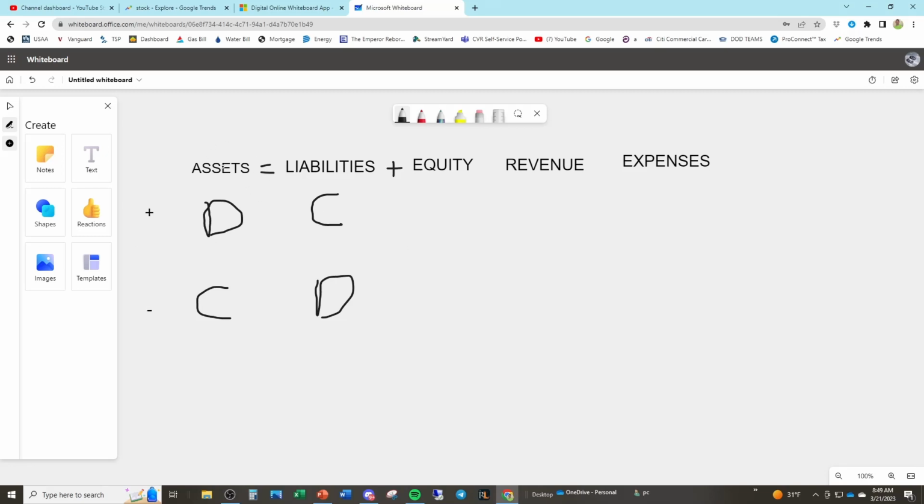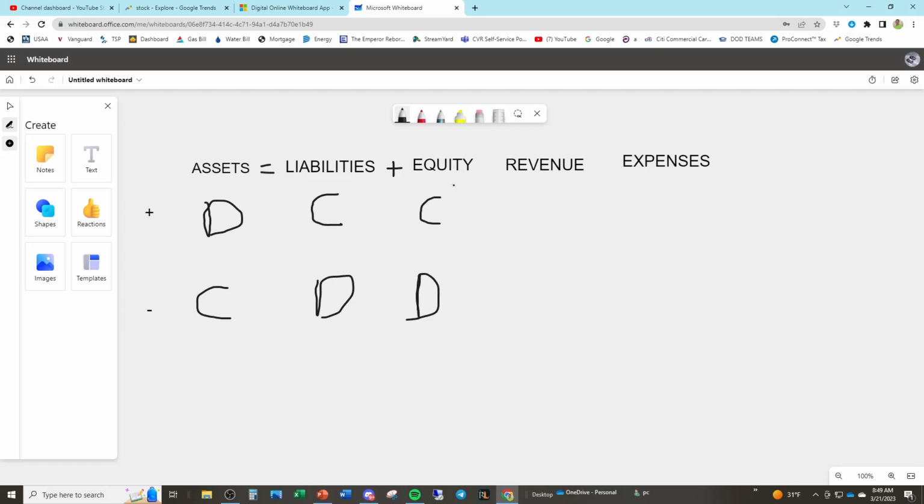We have assets on one side of the equation, and we have liabilities and equity on the other side of the equation, and this side of the equation must be the same. And think about it. We have assets on the left, debit means left, and we have liabilities and equity on the right. Credit equals right. So to increase equity, we also credit it. And to decrease equity, we also debit it.